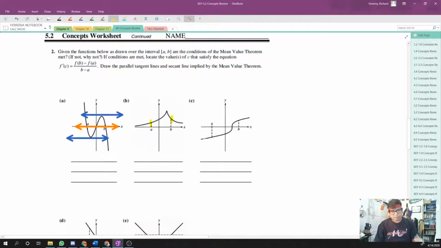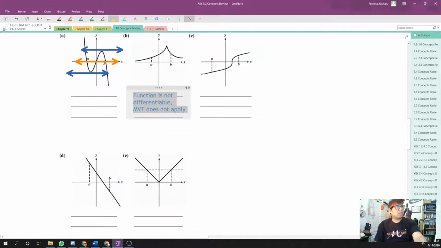Those are not the same, so Rolle's theorem doesn't apply. The mean value theorem also doesn't apply because right here we have a place that is not differentiable. The slope from the left and the slope from the right do not match. So look, this function is not differentiable, so the mean value theorem doesn't apply.